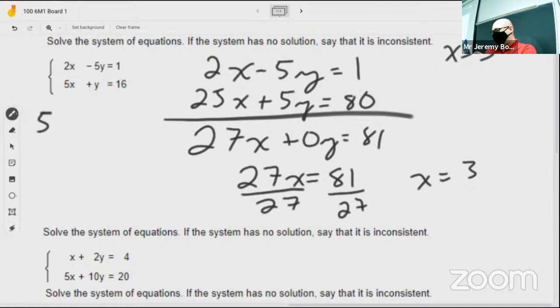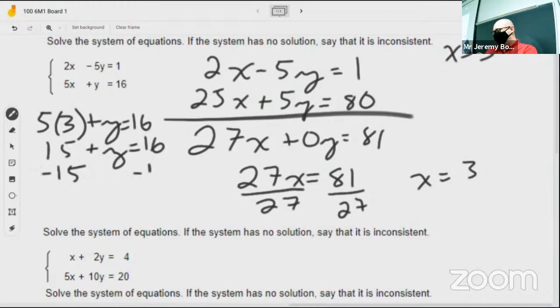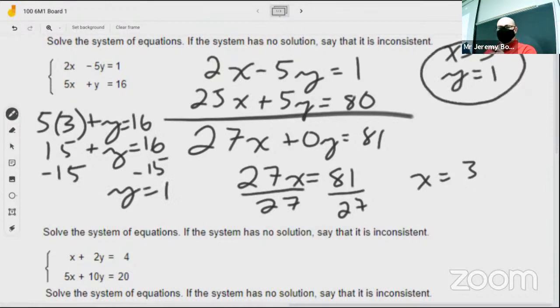We'll have 5 times 3 plus y is equal to 16. So we'll have 15 plus y is equal to 16. Well, that works out well. Subtract 15 from both sides, and y is equal to 1. And that's going to be our solution. So that means those two intersect each other at 3, 1.